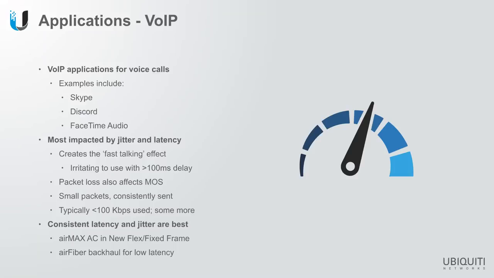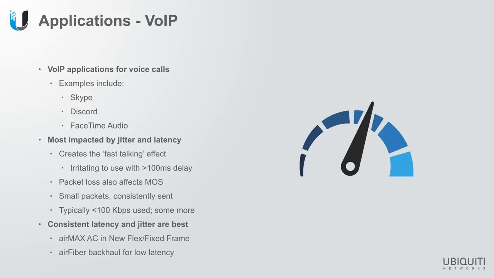So we talked about having the network foundation to really make any of these applications work, and that is one of the big reasons why we spent a lot of time over the past couple of years working on the scheduler in airMAX AC. If you're talking about supporting VoIP applications, which pretty much anyone providing service these days will be doing, I would definitely recommend using a radio access network of airMAX AC in either new, flexible, or fixed frame mode.